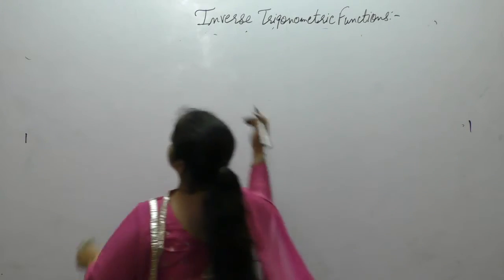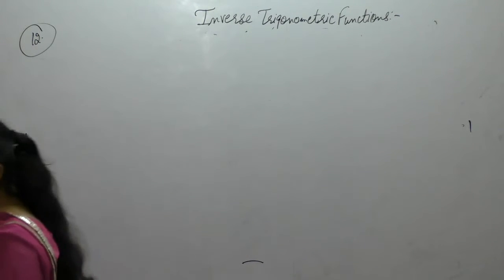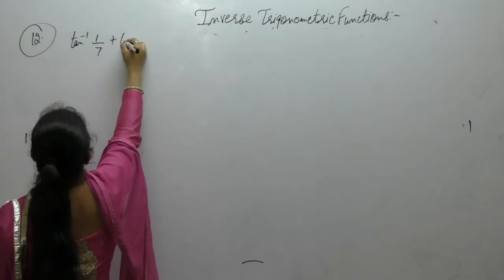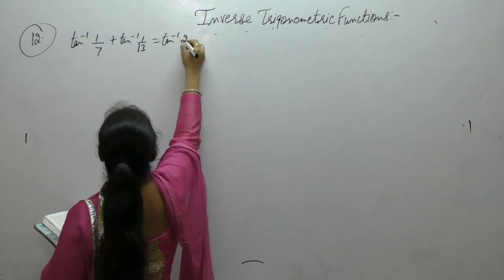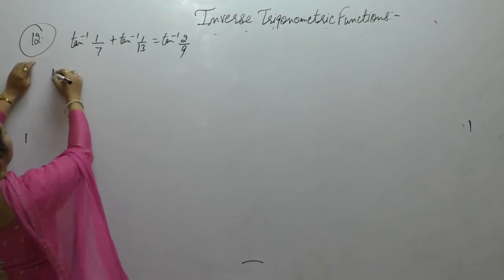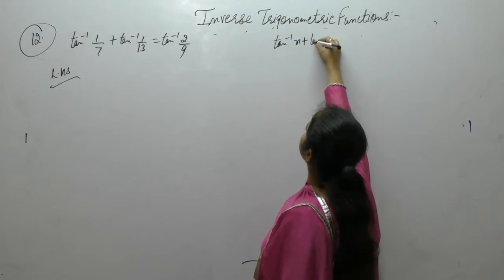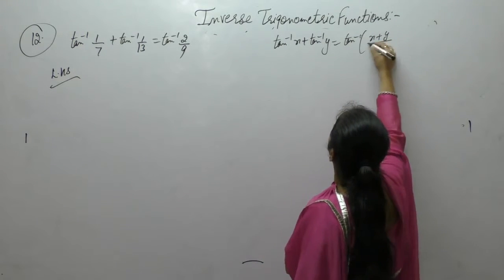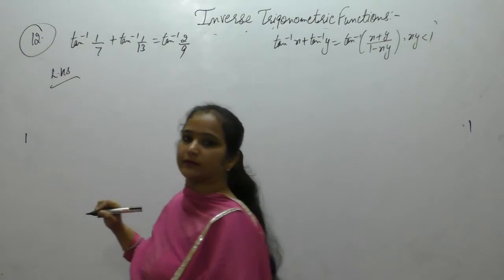Now next, use the formula here. Tan inverse x plus tan inverse y is equal to tan inverse of (x plus y) upon (1 minus xy), if x into y is less than 1.